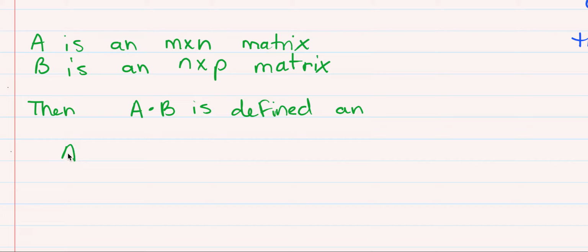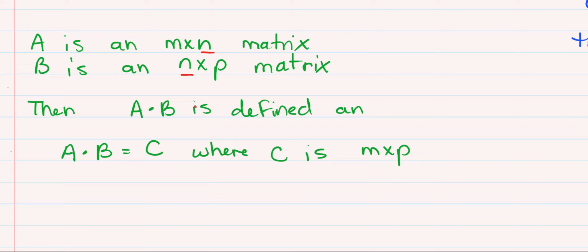And A times B is the matrix C, where C is m by p. Okay, so what's happening is these two numbers have to be the same in order for us to multiply A and B together, these two matrices. And what we're left with is an m by p matrix. Okay, so that's where I got the m and the p.